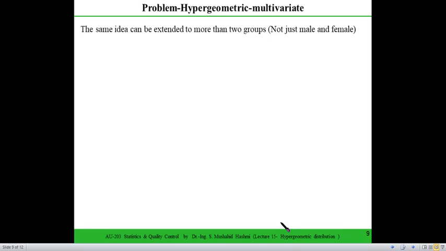The binomial random variable works with just these 2 scenarios, because you have either a success or a failure. But in hypergeometric distribution this idea can be extended to more than 2 groups.